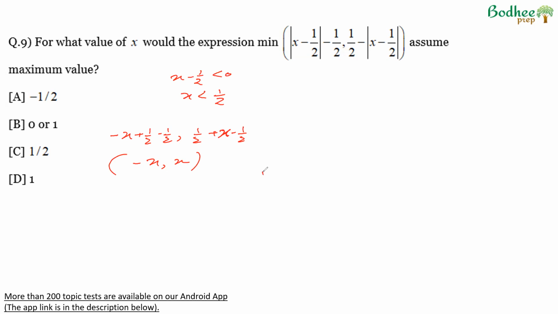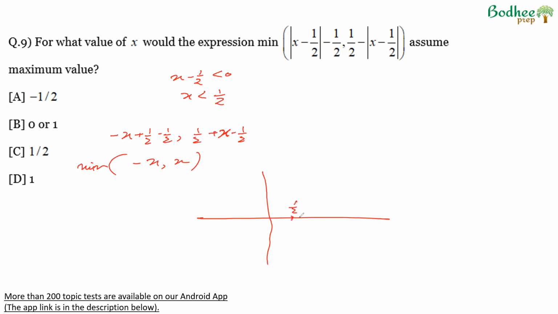If we draw the curve for this, for x less than half, we are choosing the minimum value out of minus x and x. So at x is equal to 1 by 2, we'll have minus half and half. The minimum value will be minus half.